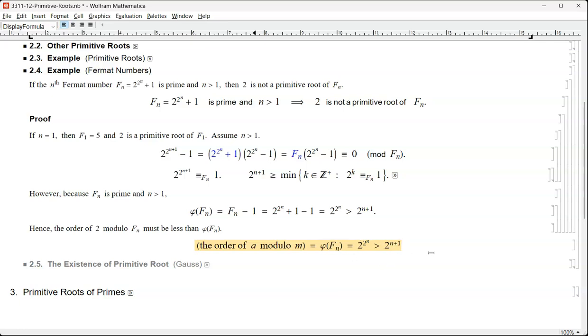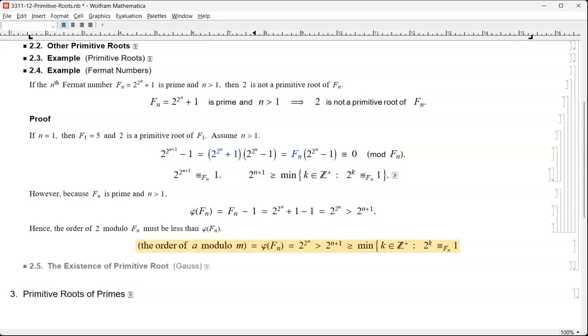This one is much bigger, but then again, that's greater than or equal to the minimum, which is the order of a modulo m.